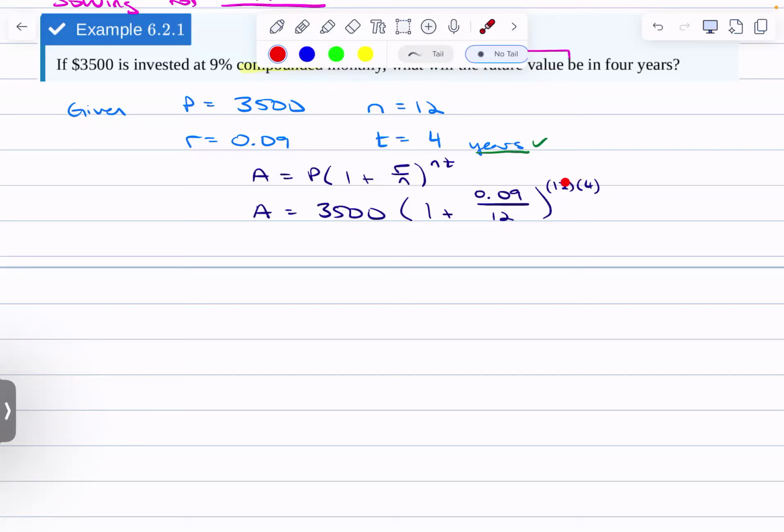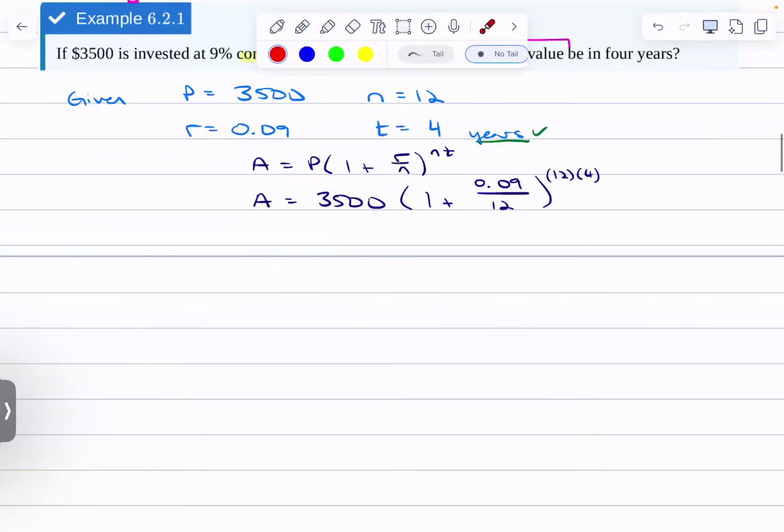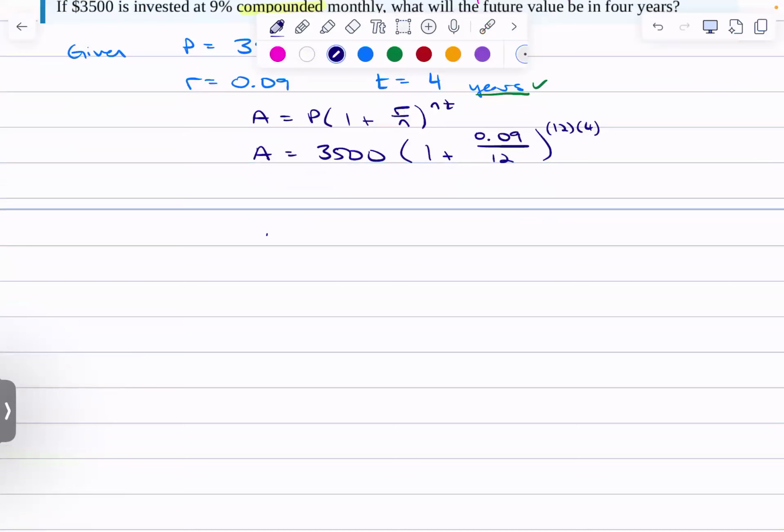What I'm going to do is simplify this 12 times 4 to be one number so my calculations don't get confused. 12 times 4 is 48. So I get A is 3,500 times 1 plus, I'm going to leave that blank just a little bit.